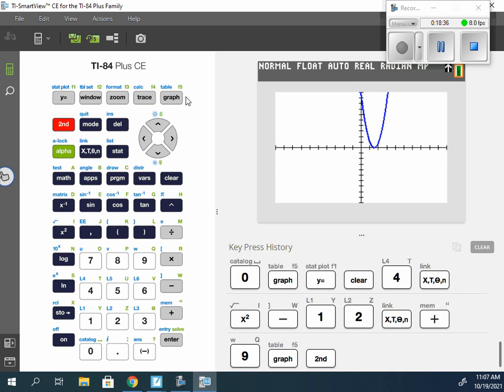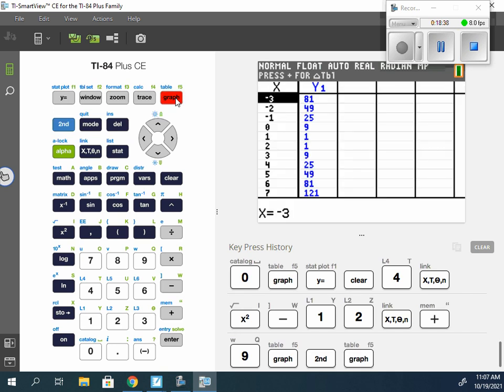Well, if we look at the table, do we have a y value of 0 showing up on the table? No, so we'd have to possibly manipulate the table to figure it out. Now we do know for a quadratic function that the distance from the vertex of the axis of symmetry will always be equal to the two corresponding points on the function. Do we notice that symmetry here with the y values?